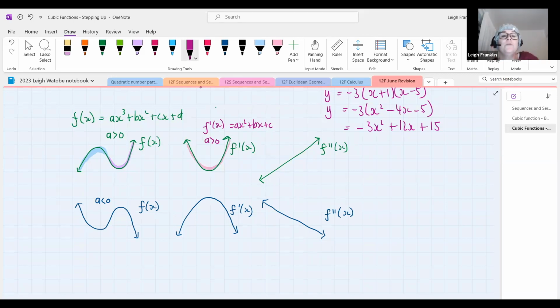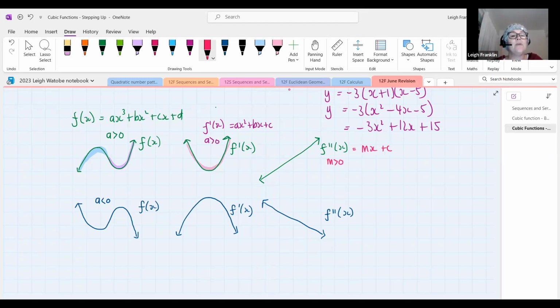Your second derivative is in the form y equals mx plus c, so here your gradient is positive.